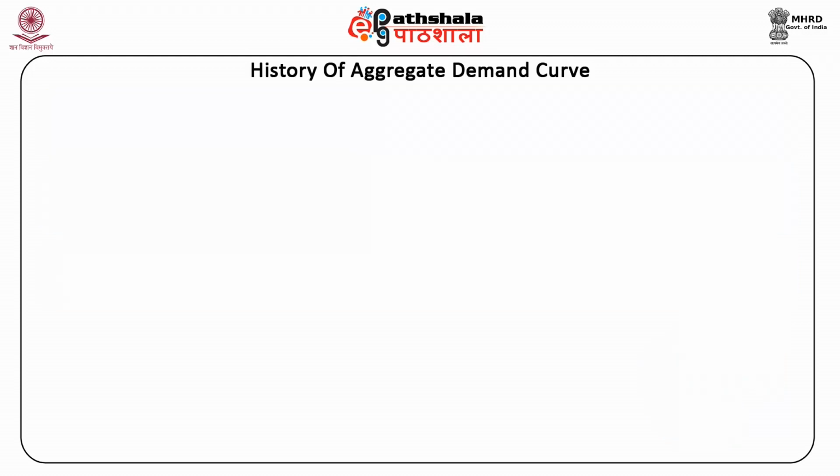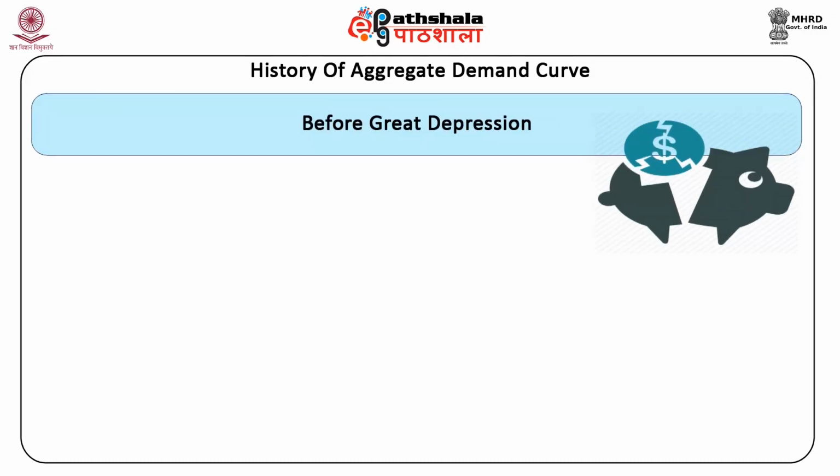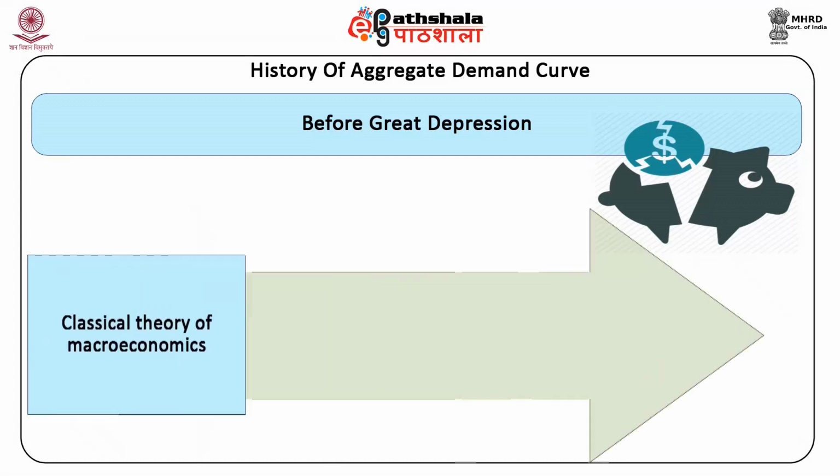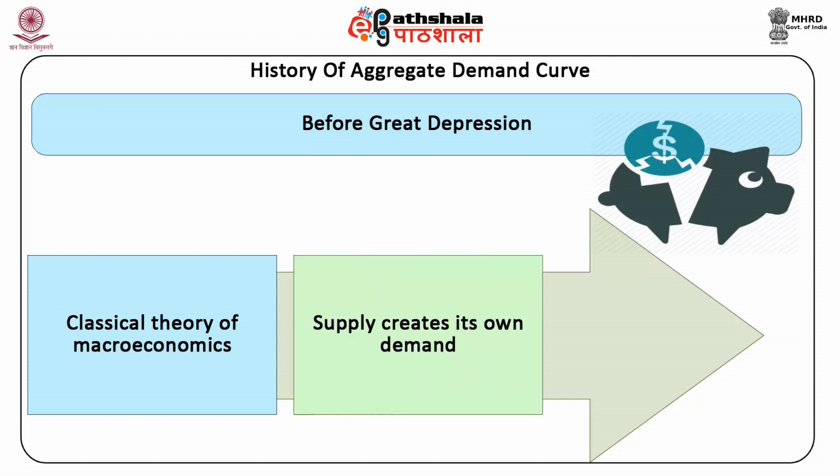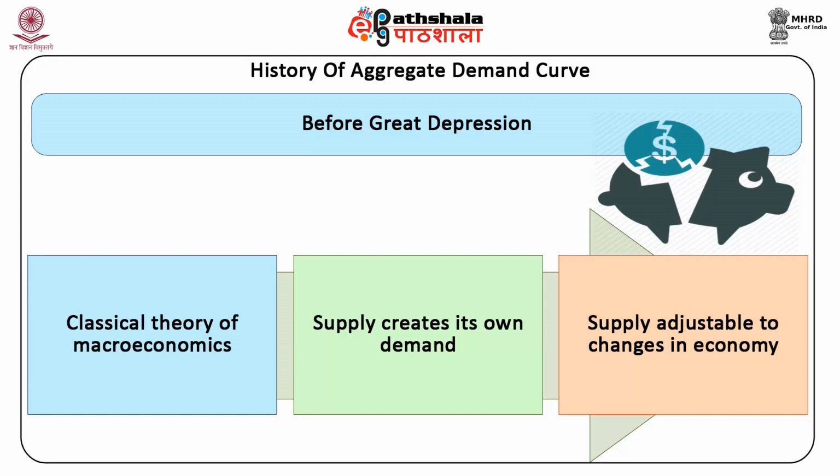Let us know about the history of aggregate demand curve. Before the Great Depression of 1930s, economists believed the validity of classical theory of macroeconomics: supply creates its own demand. Supply was adjustable to the changes in the economy.